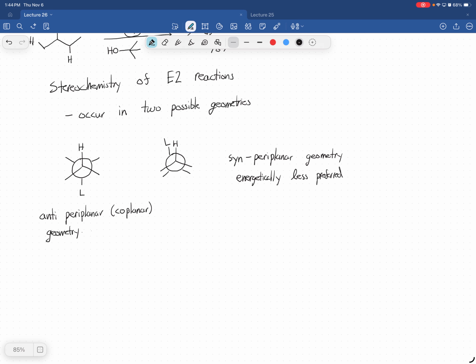Okay, so this one is energetically more preferred, and that's because the groups are very far apart from each other.